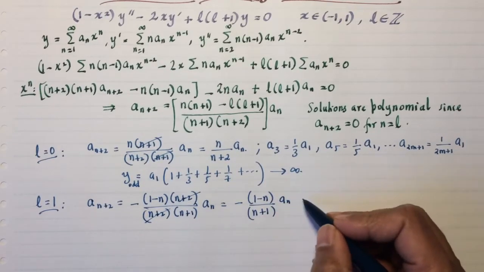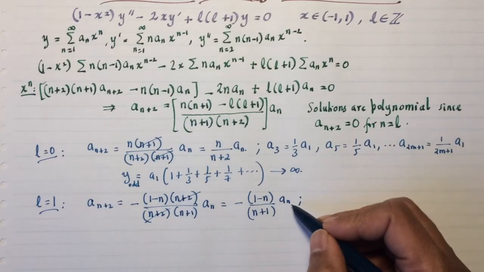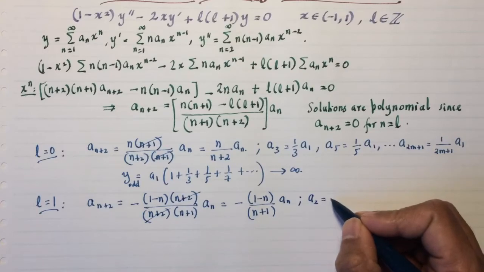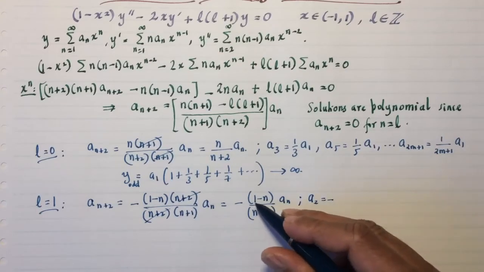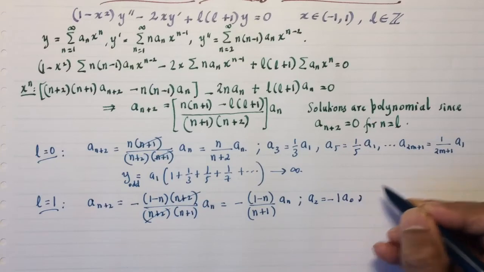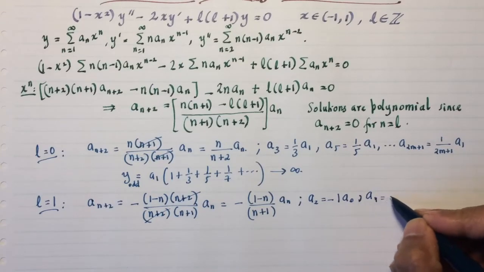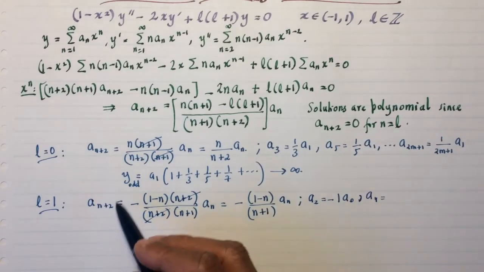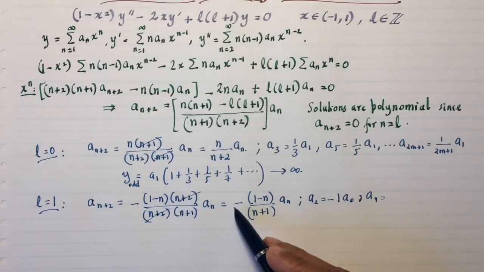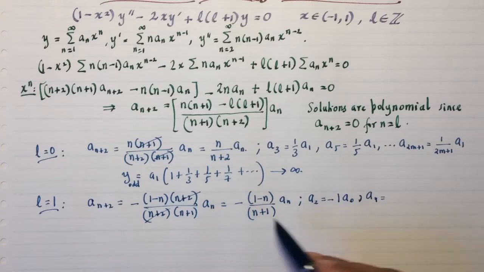Now if you, just like here, take a naught to be not 0, then I'm going to get a2 equals negative 1 a naught for n equals 0, because of the negative sign. And then I get a4. When I put n equals 2, I'm going to get 1 minus 2. That gets rid of the negative sign, but on the denominator I'm going to get 3.